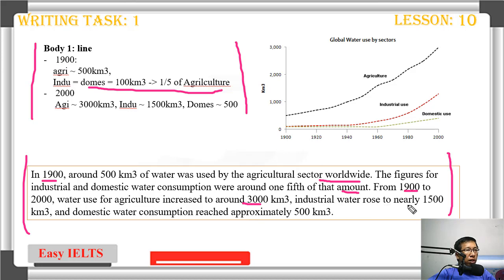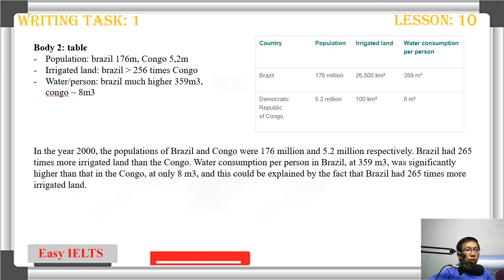Industrial water rose to nearly 1,500, and domestic water consumption reached approximately 500. Okay, so we look at these numbers, and then we have body 1.